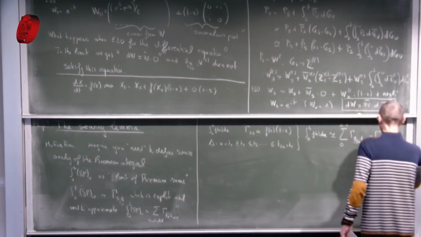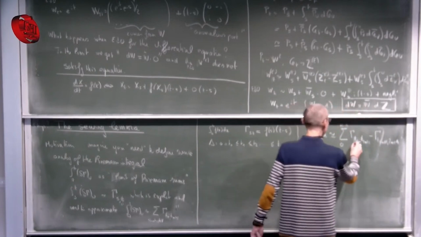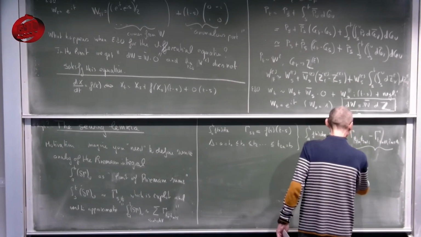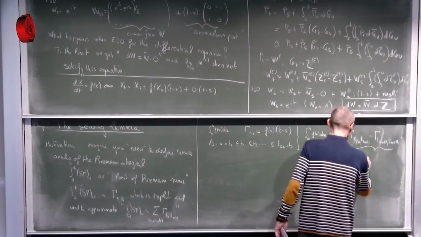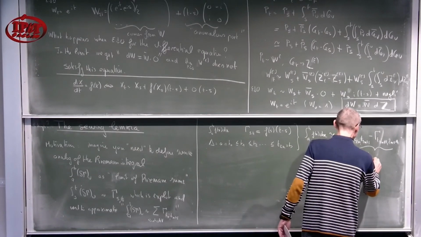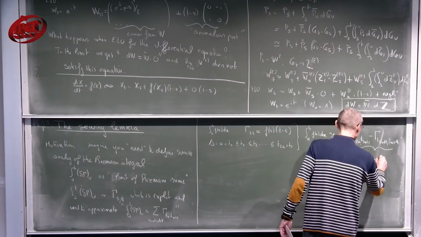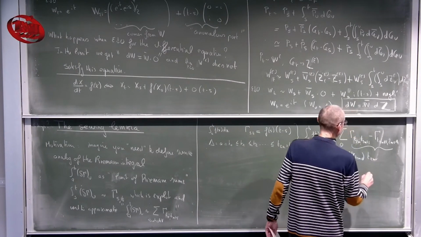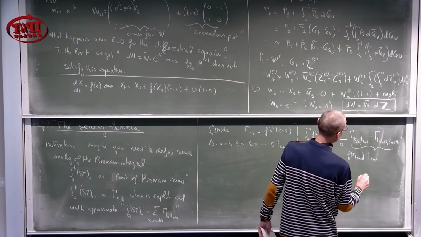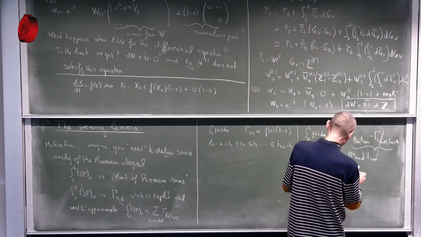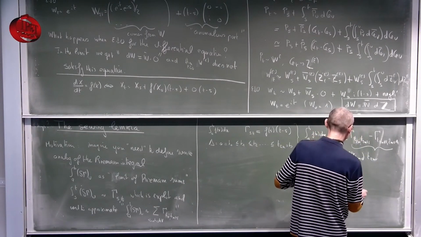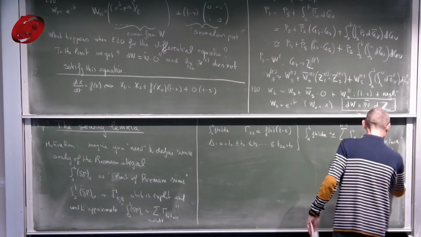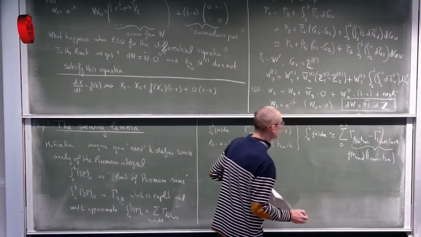But if you do this, you will see that this is exactly what you expect, that this is just f of x at t_{2m+1} times t_{2m+2} minus t_{2m}. Am I correct? Just to be sure. So this is the general approximation.